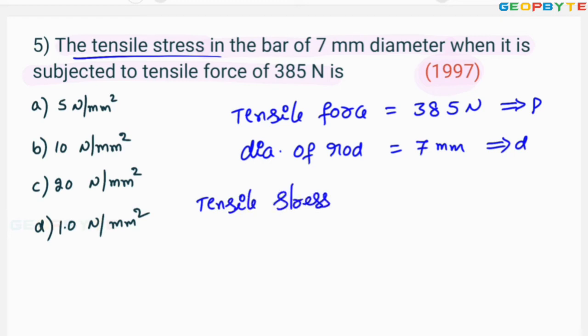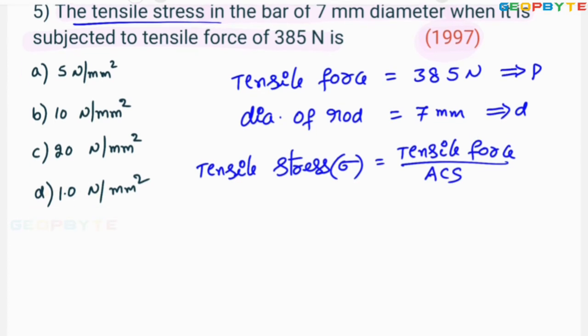The tensile stress sigma equals load, the tensile force, divided by area of cross section. Your area of cross section equals pi by 4 into d square in millimeter square.